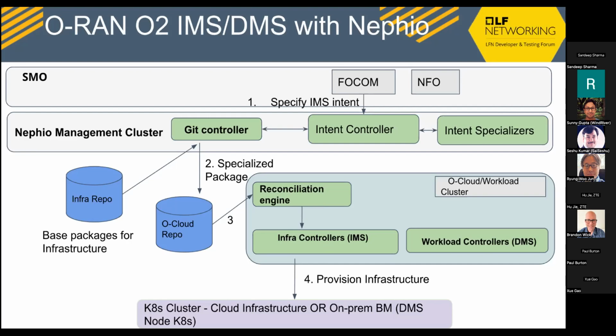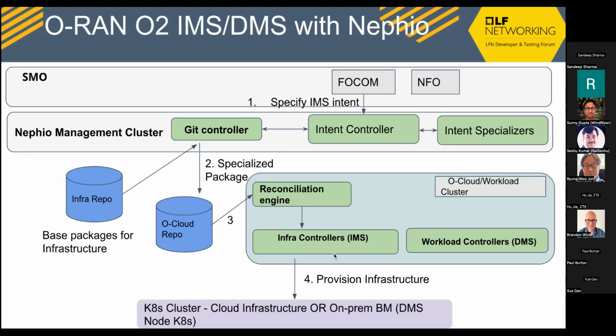That CRD will be enhanced and curated by the intent controllers above, and then this infra controller, which I call IMS, will reconcile this IMS intent. As part of the reconciliation, it will end up creating all the Kubernetes resources, which is a Kubernetes cluster in this case, in the specified region.